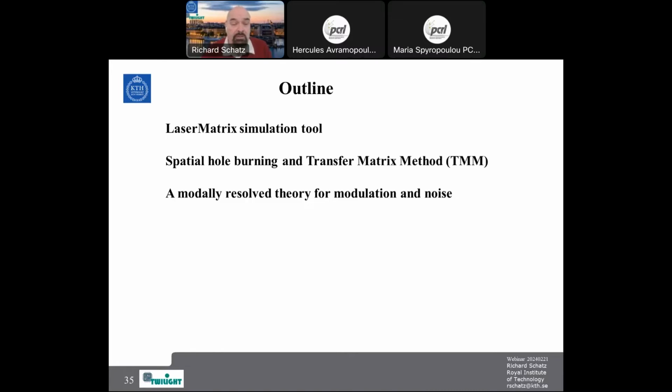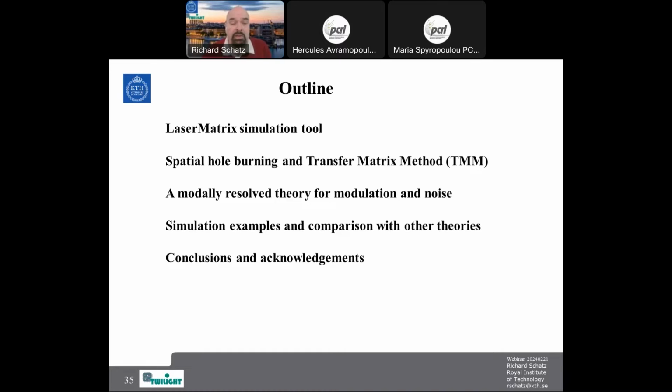Then a few words about the model result theory for modulation noise, which is used in LaserMatrix. Then some simulation examples and comparison with other theories and programs, for instance VPI. I will end with conclusions and acknowledgement, and after that we will have a hands-on demo of LaserMatrix.